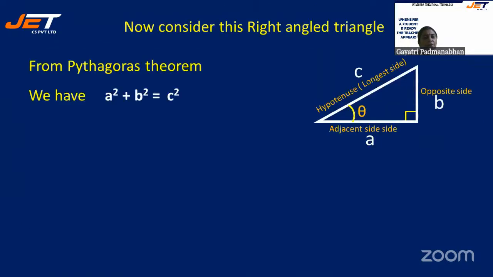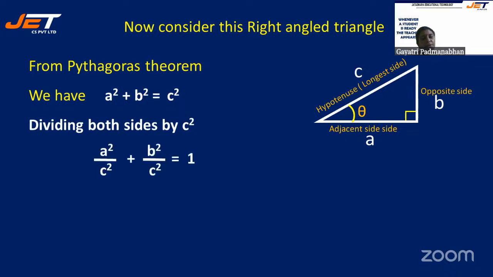Now, from Pythagoras theorem, what does it say? a square plus b square is c square. Dividing both sides by c square, we get a square by c square plus b square by c square is equal to 1. Now, what is sine theta? It is opposite side by hypotenuse, b by c.